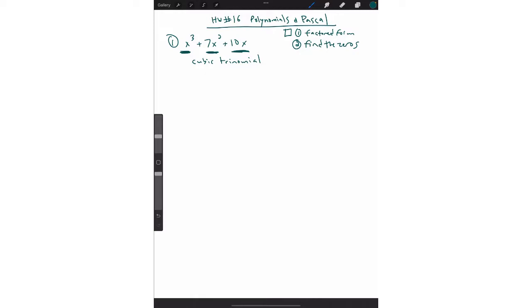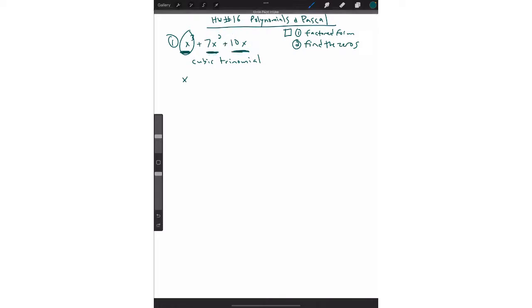So what I'm looking at there is, can I factor out one of the factors from each term? In this example, I can pull out an x from each of these terms: from x to the third, from 7x squared, and from 10x.